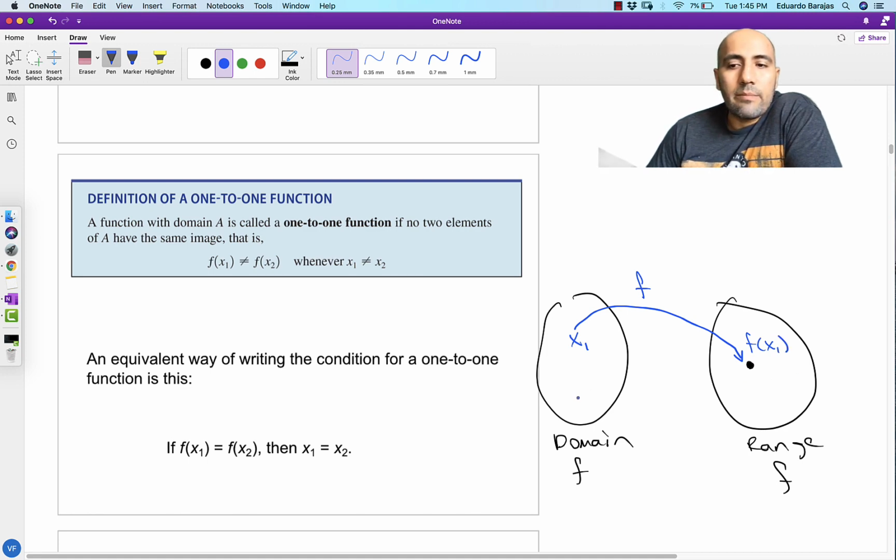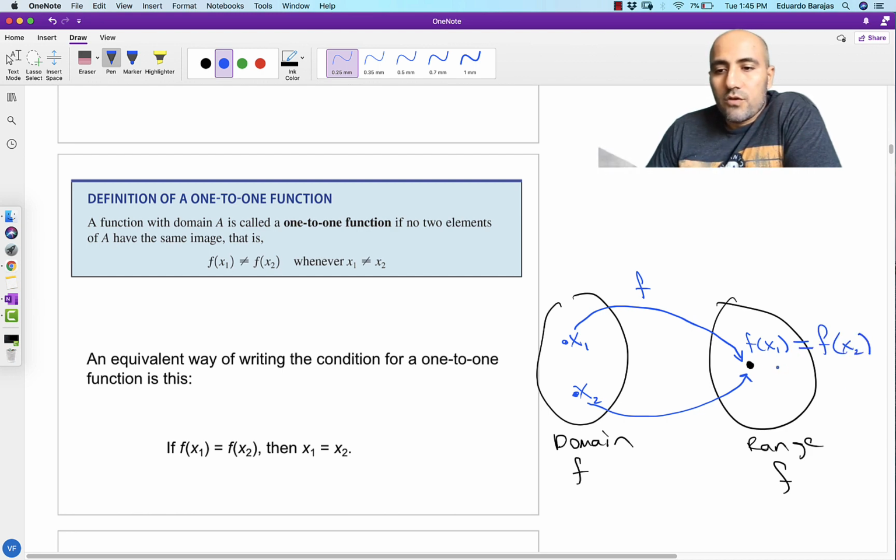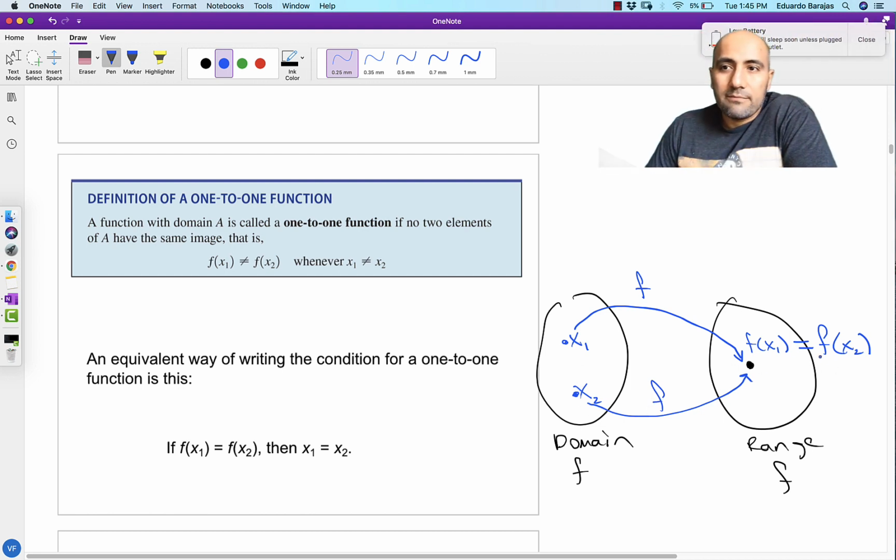And then there's this other one, apparently, x sub 2 over here. Here's x1, here's x2, and it also seems to land in the exact same spot. It looks like this is equal to f of x sub 2. So you might be thinking, oh, we found two different values in the domain, x sub 1 and x sub 2, so that when I apply the f function to both of them, they both seem to be leading to the exact same spot.